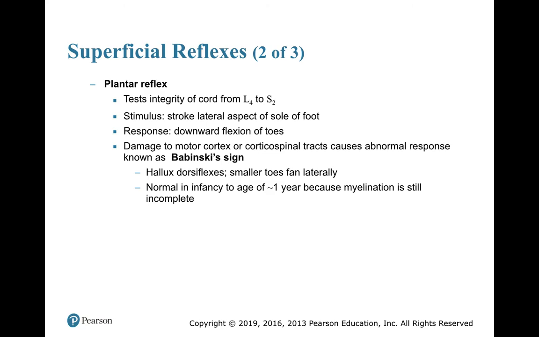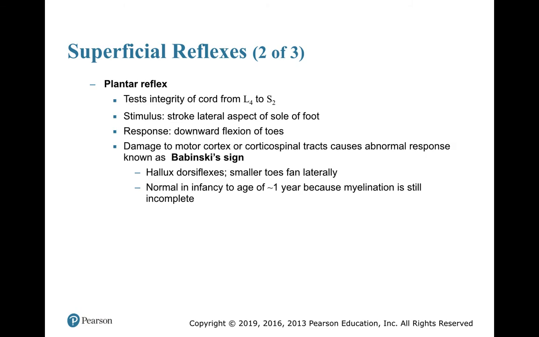If you do not see a downward flexion of the toes, you would have what is known as Babinski's sign, in which the hallux, the big toe, dorsiflexes, and the smaller toes fan laterally.